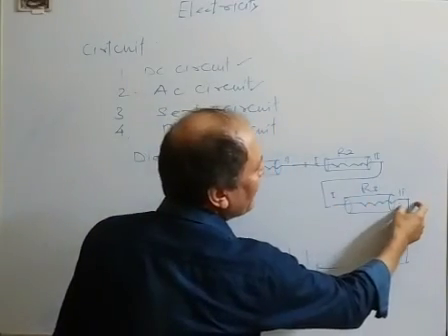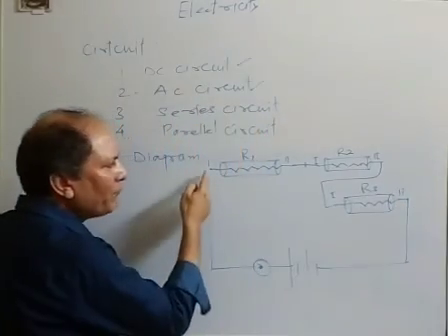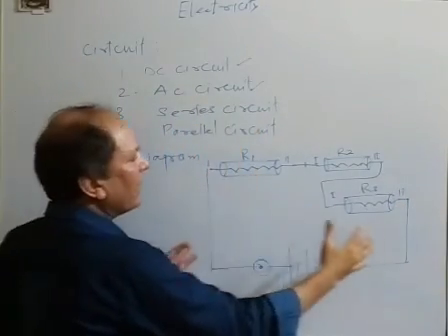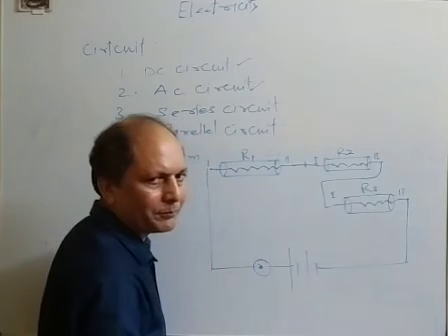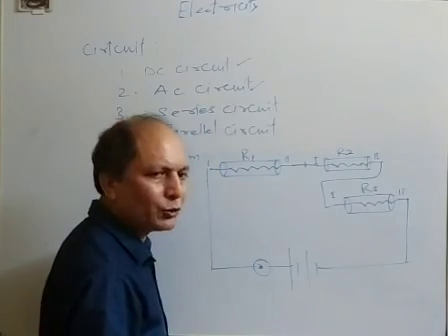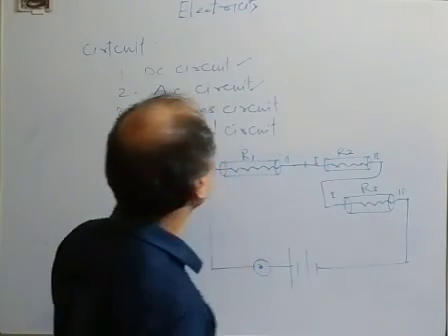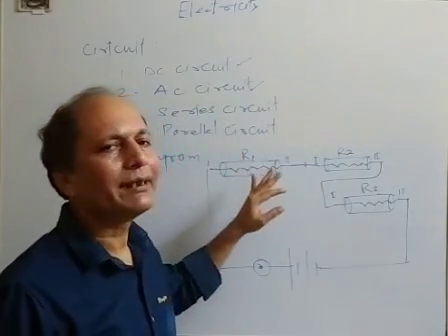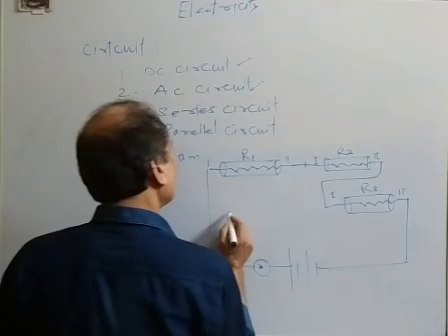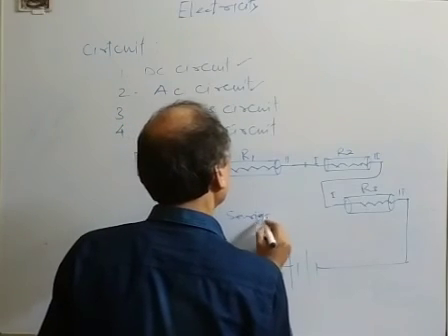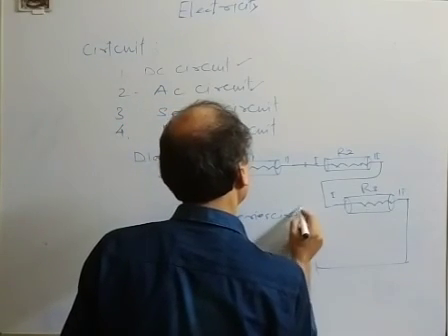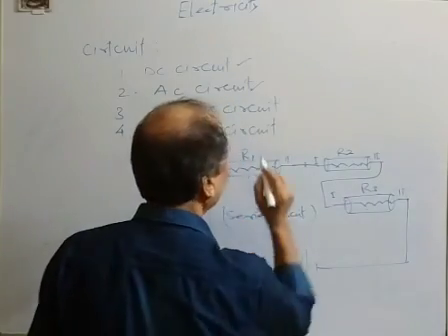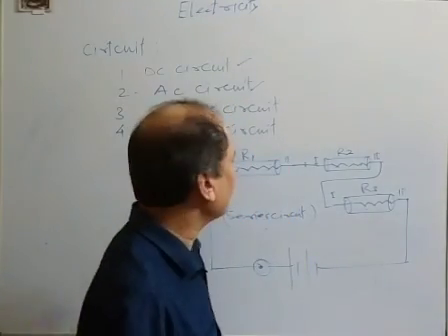So the second terminal of the last resistor and the first terminal of the first resistor are connected with the electric source. Such a type of circuit is known as a series circuit.